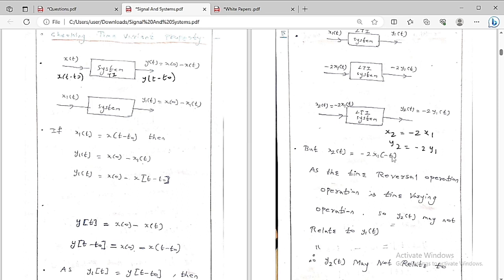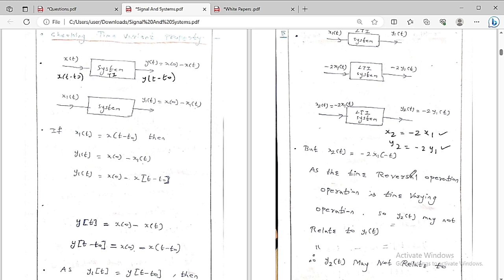This is the input-output relation. If a time reversal is there in the input, then in an LTI system only two conditions get satisfied, the linearity as well as the time invariance, but not the time reversal.